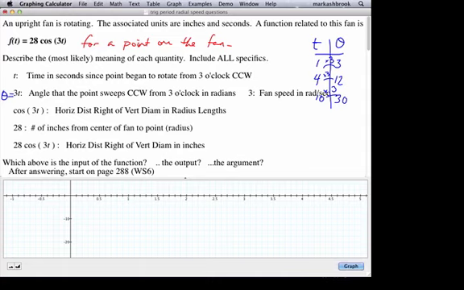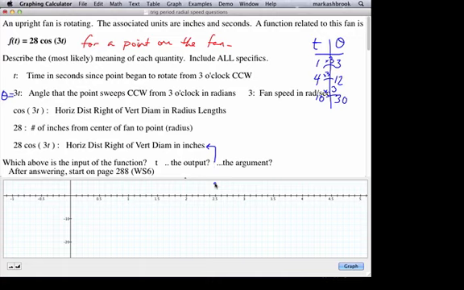Okay, input. Which of these is input? You said t. Agree with that? T is the input, right? F of t. T goes into this function. What's the output of this function? It's the last one, right? That's our output. Our output is horizontal distance to the right in inches.